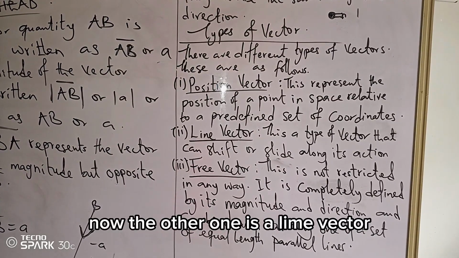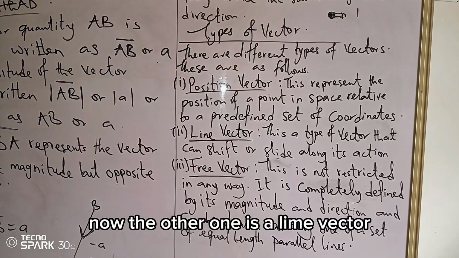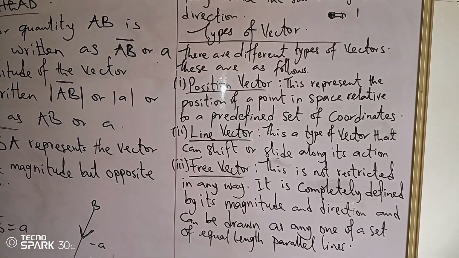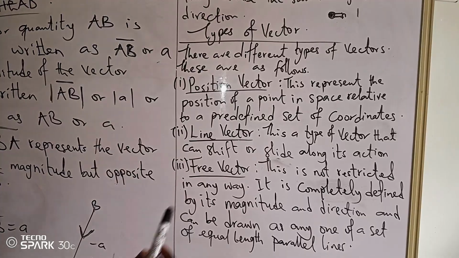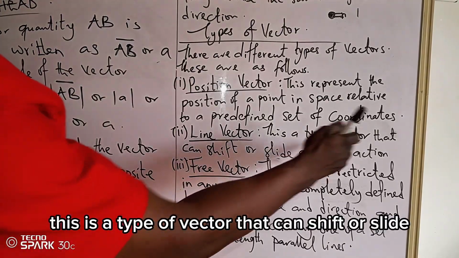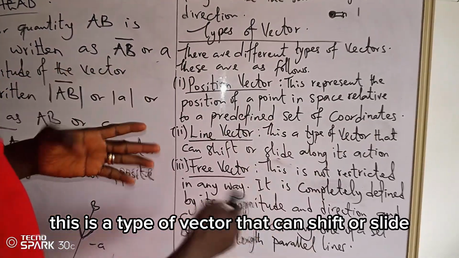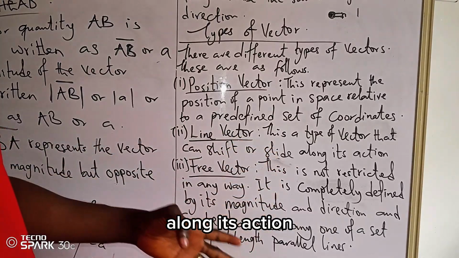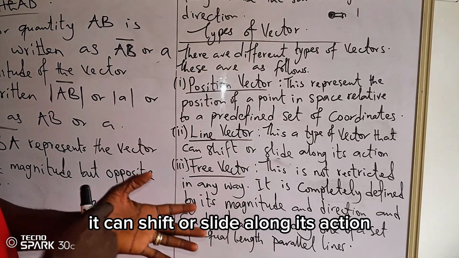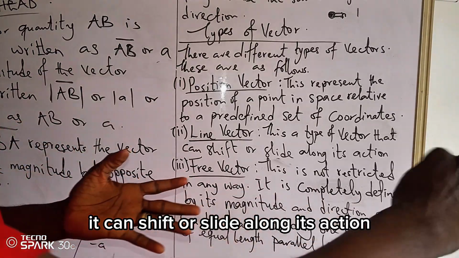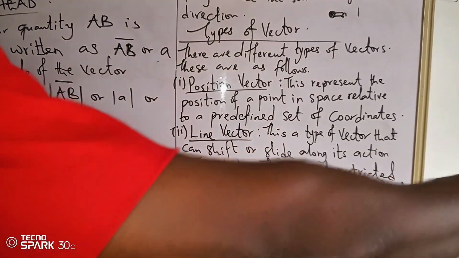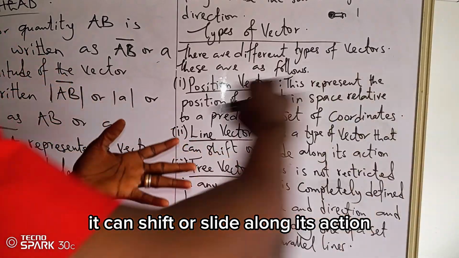Now the other one is a line vector. This is a type of vector that can shift or slide along its action.